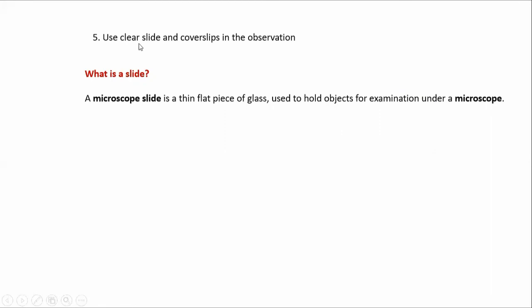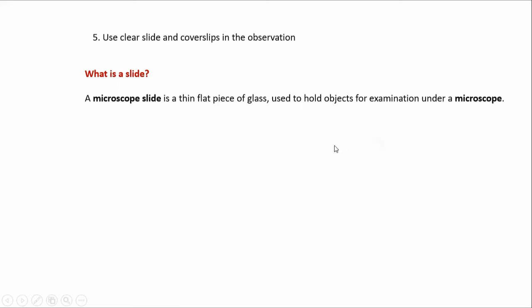The fifth one: use clean slides and cover slips in the observation. Here is the part where I explain to you how to make a microscopic slide. First of all, what is a slide? A microscopic slide is a thin flat piece of glass used to hold objects for examination under a microscope.